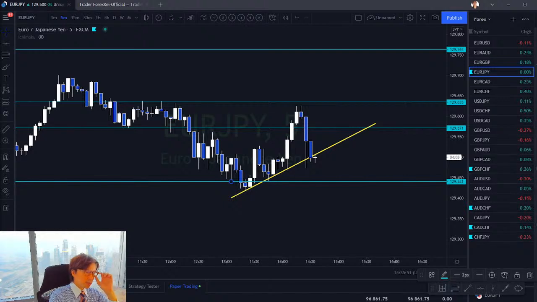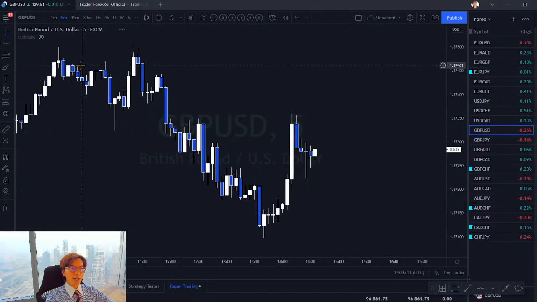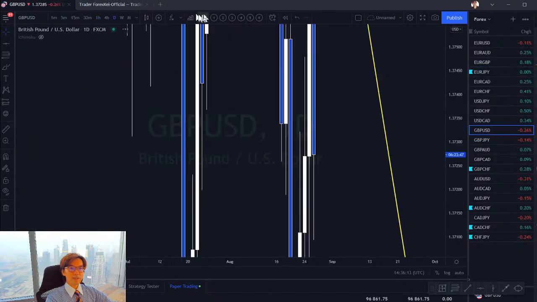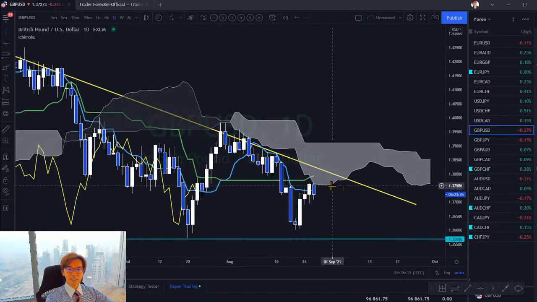Let's see gold. A couple of days ago it broke the previous resistance and now it's retracing backwards. So it looks to me like it's still a range. Let's see, pound USD. I think pound USD is ranging. The daily chart is flat.